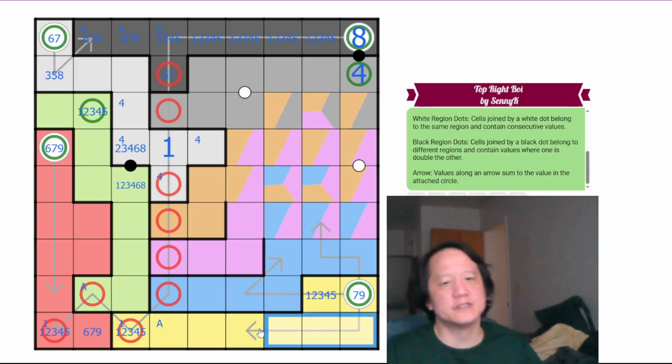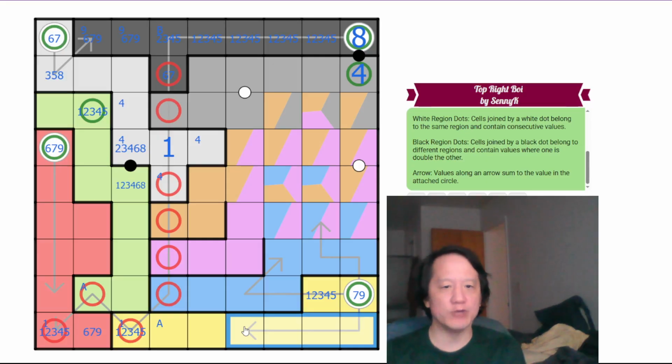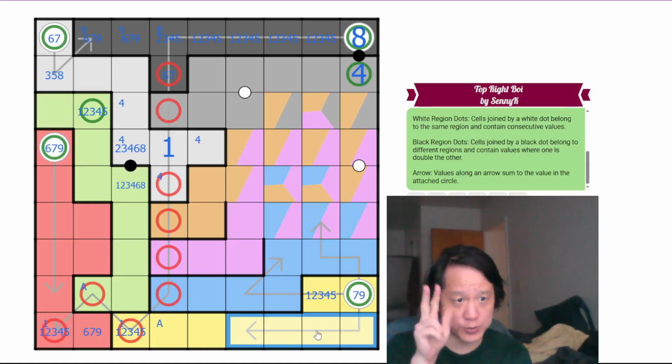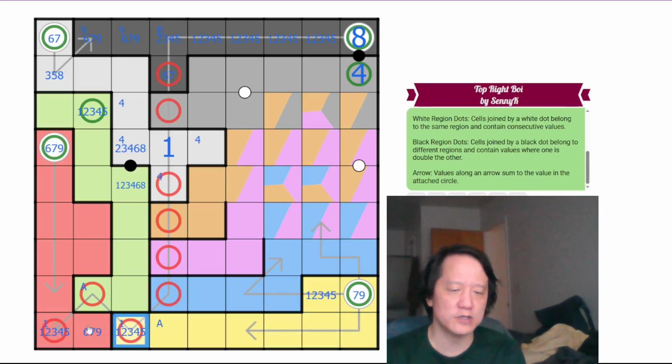Again, can this be 7 doubled? That's 14, and we cannot have a 1 here. We can't have 2, 3, 4, and 5 here either. Right? Because 2, 3, 4, 5 would eliminate too many possibilities for these two cells here. We'd have 6 cells trying to contain the digits 1 through 5.